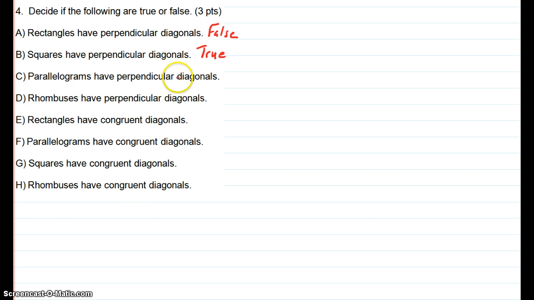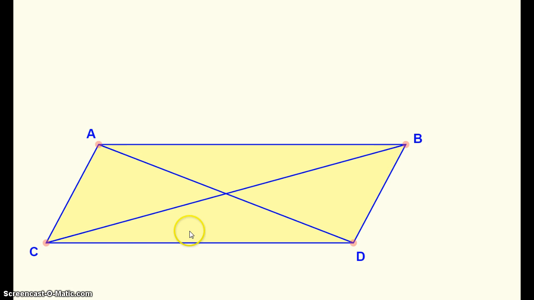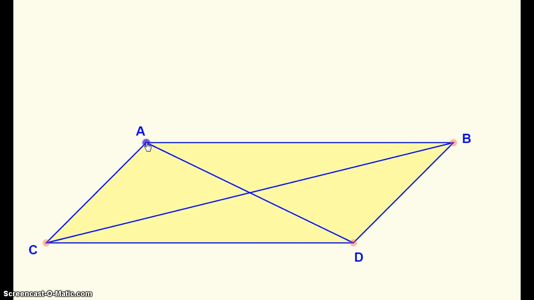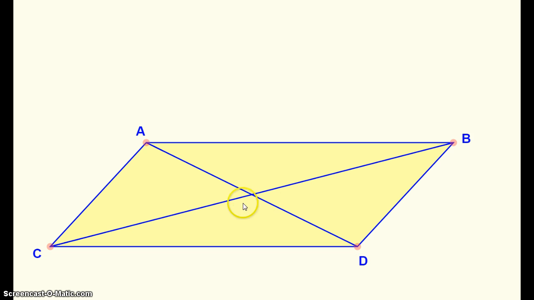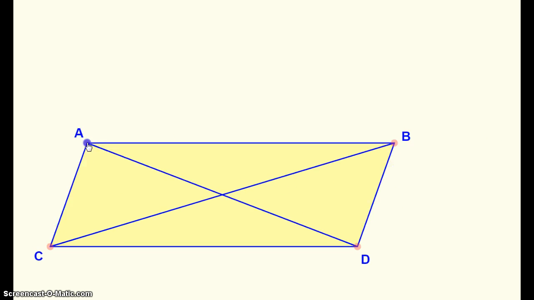Parallelograms have perpendicular diagonals. When we look at a statement like that, the question is asking, do all parallelograms have perpendicular diagonals? If you can find just one example where the diagonals are not perpendicular, then we have to say that's false. If we look at a parallelogram and its diagonals, you can see here that it's an obtuse angle, so obviously it's not.